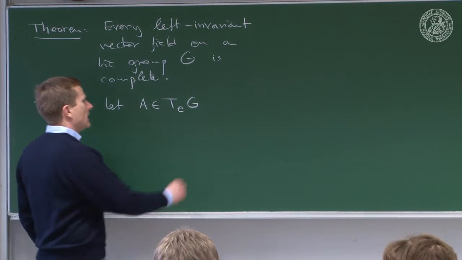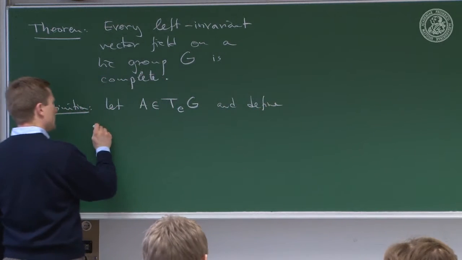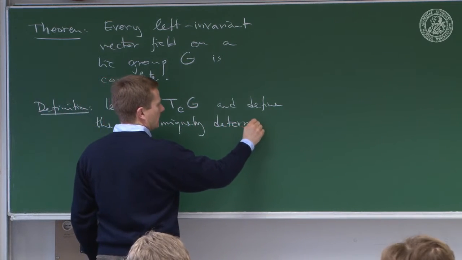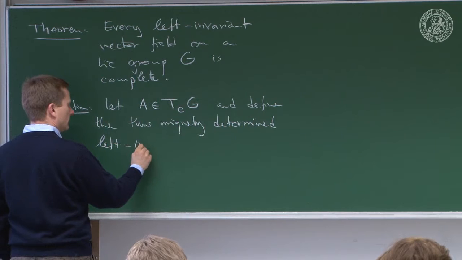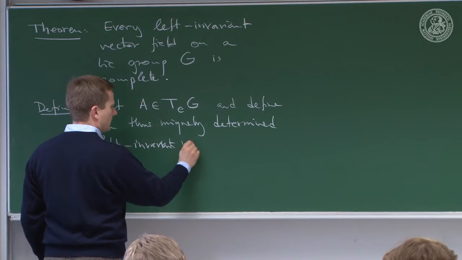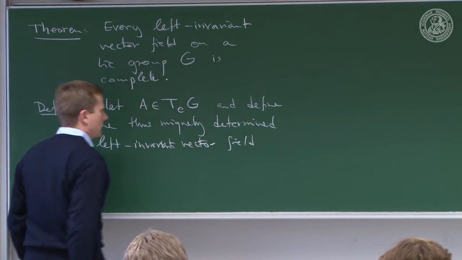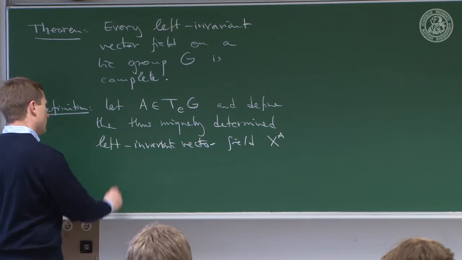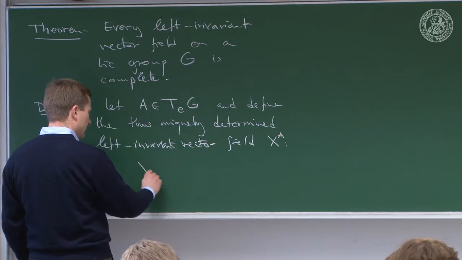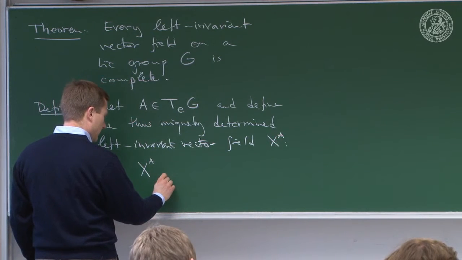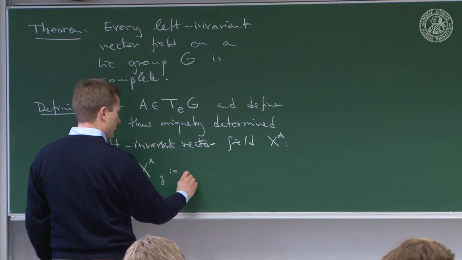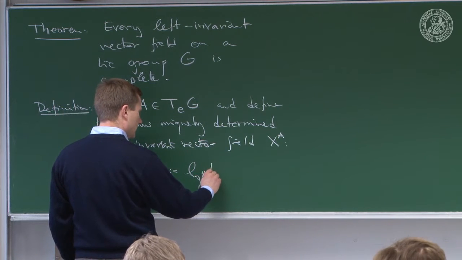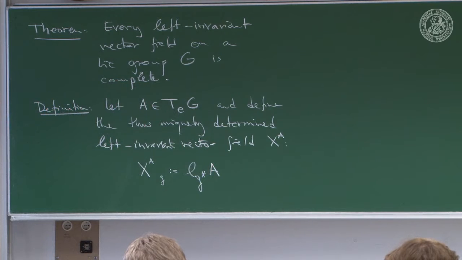Let's take this and define the uniquely determined left invariant vector field, how shall we call this, X_A. Well, how was X_A defined? X_A was defined such that at the point g of the manifold, it was given by the push forward of the left translations acting on the element A that lives in the tangent space at the identity.